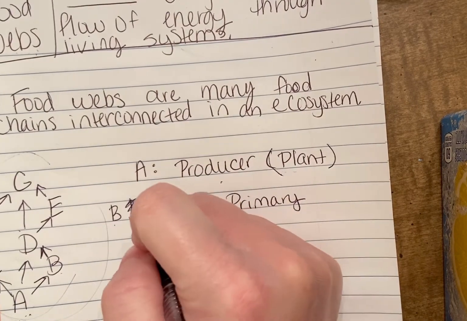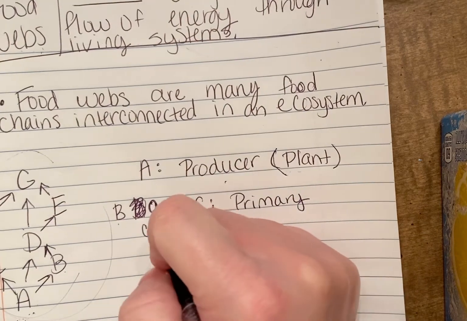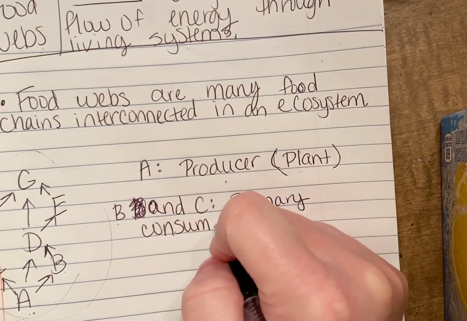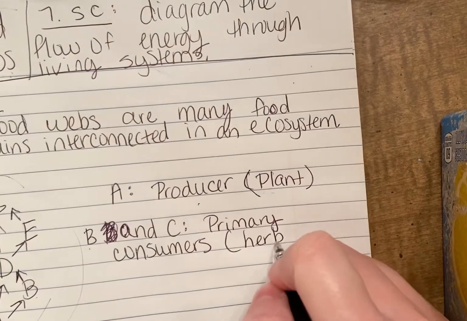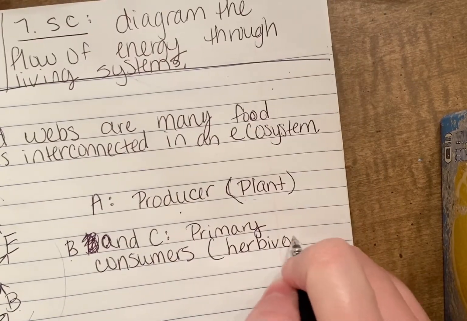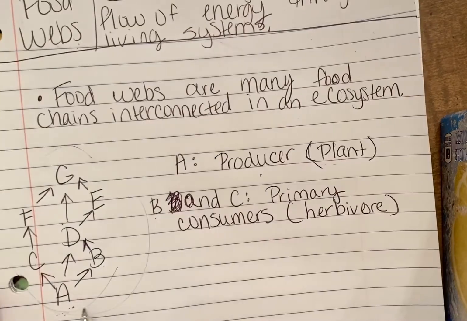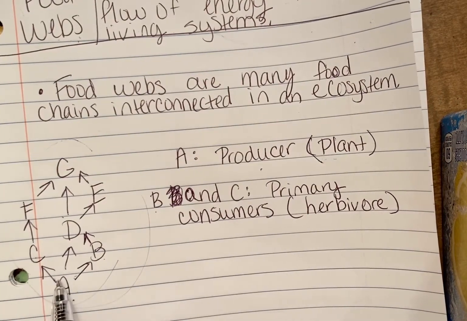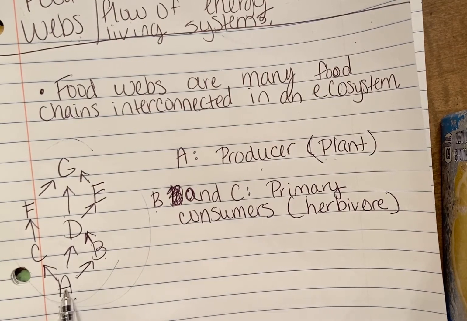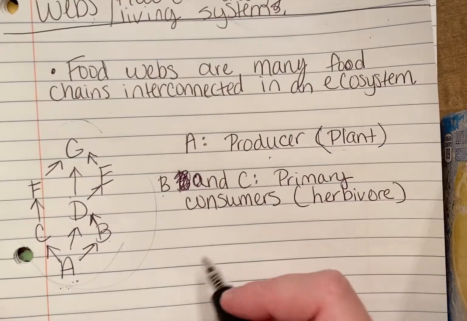B and C are primary consumers. Primary consumers are herbivores. They eat plants only. So when I look at B and C, I can see that they're getting their energy from A, which is a plant.